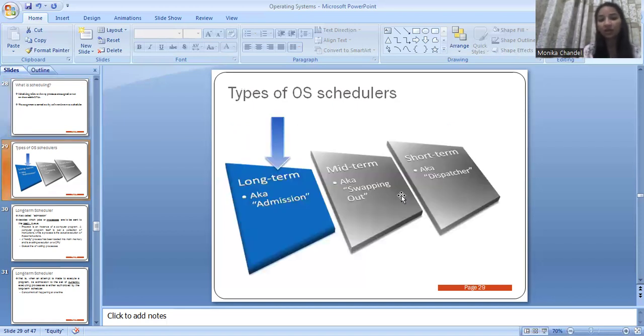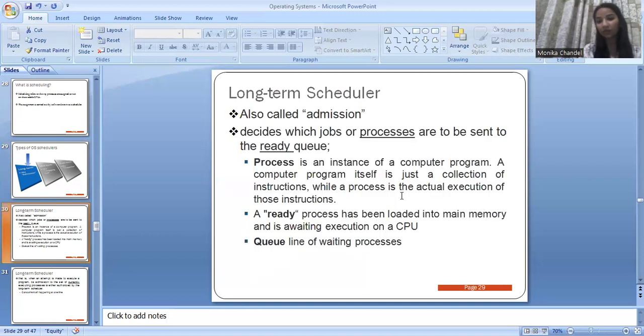Types of schedulers are the long-term scheduler, the mid-term scheduler, and the short-term scheduler. So the first one is the long-term scheduler. It is also known as the admission scheduler, and its responsibility is to decide which jobs or processes are to be sent to the ready queue. There are some phases in the operating system when we give a job, or a process, to the operating system for execution.